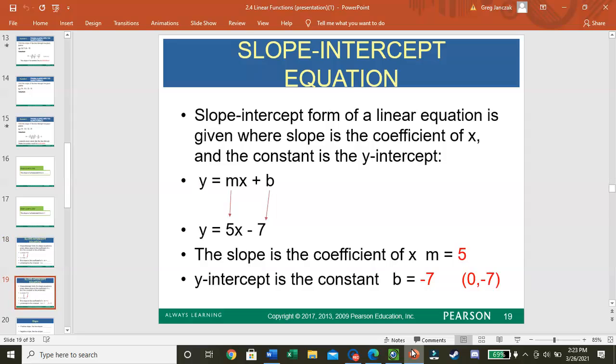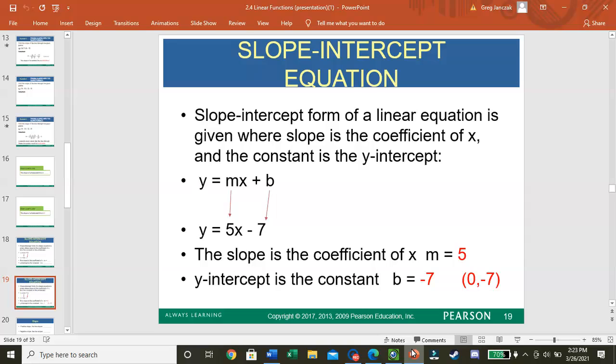The coefficient of x is the slope. So 5 is the coefficient of x, so 5 is the slope. And you consider the sign, whether it's positive or negative, with slope.